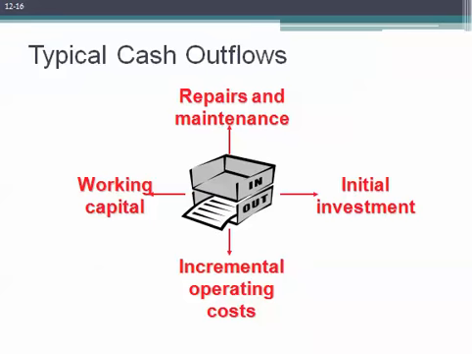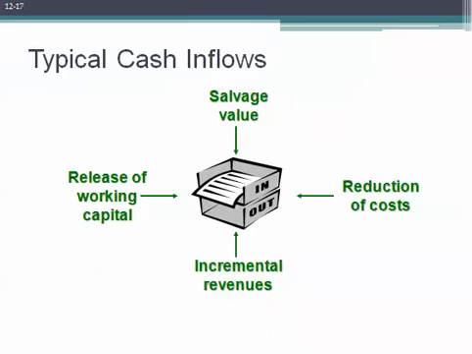And typically, we will assume that we will recover all of that working capital. It will be a cash inflow when the project is over. We will sell off our inventories and collect our accounts receivable, so our current assets will decrease and we will have a cash inflow. So again, typically on our projects, we'll assume we have a cash outflow for working capital at the start of a project and an equal cash inflow of working capital at the end of the project.